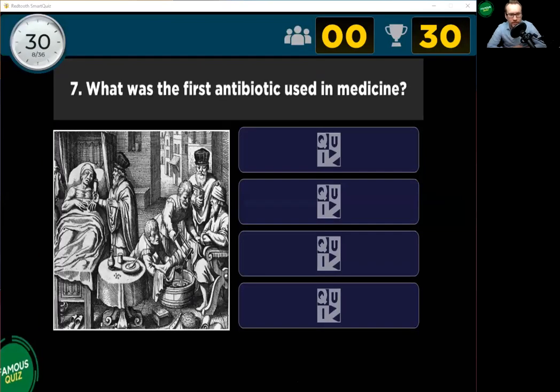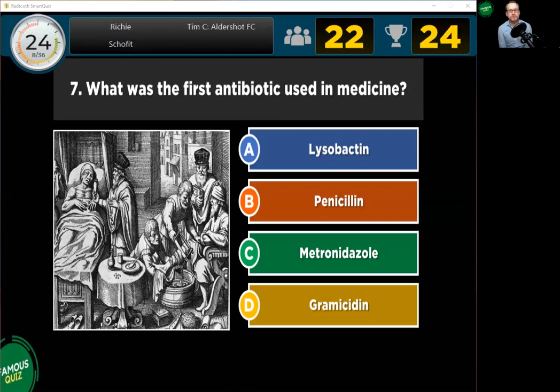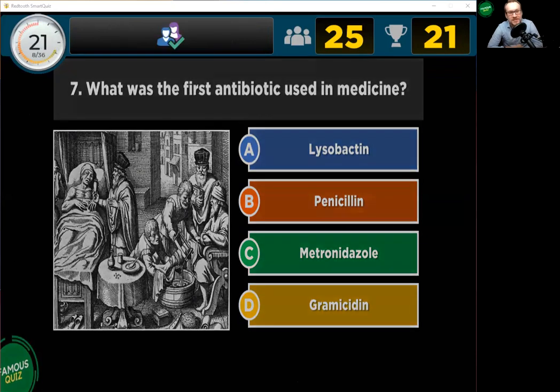Okay, let's get to the last question. Question number 7. What was the first antibiotic used in medicine? Lisobactine, penicillin, metronidazole, or gramicidine. Oof. If I see you all answering in less than 10 seconds, I can definitely say that we have at least 80% correct answers.